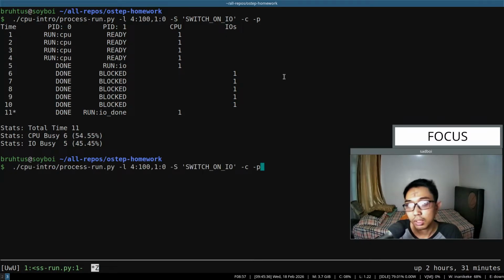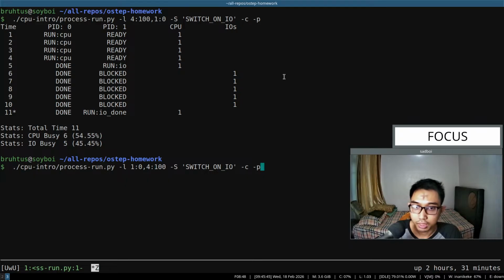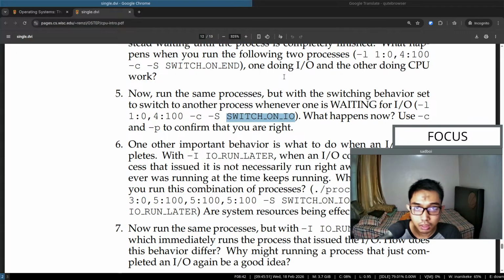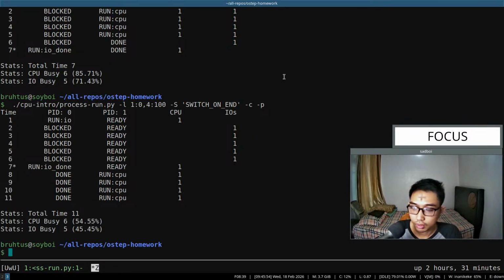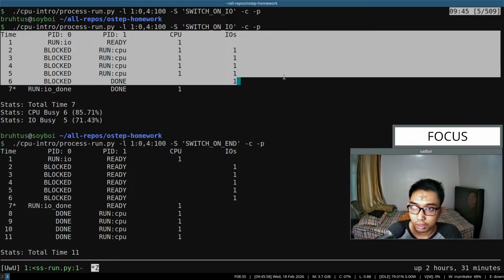Oh, yeah, okay. Right. I kind of forgot about this. Forgot to switch back this one and then comparing these two. And okay, this is switch on IO.